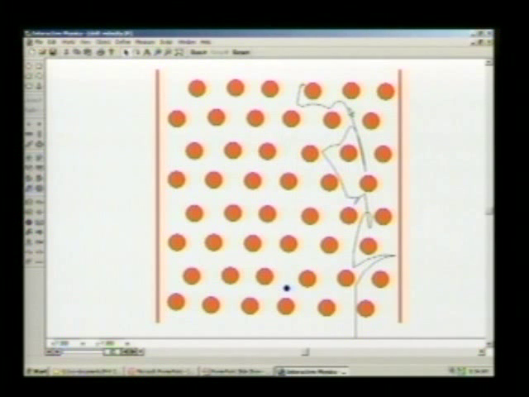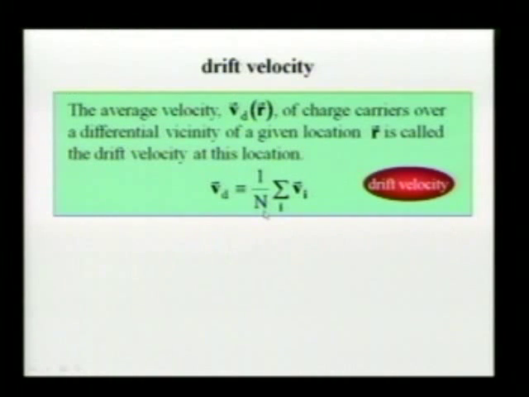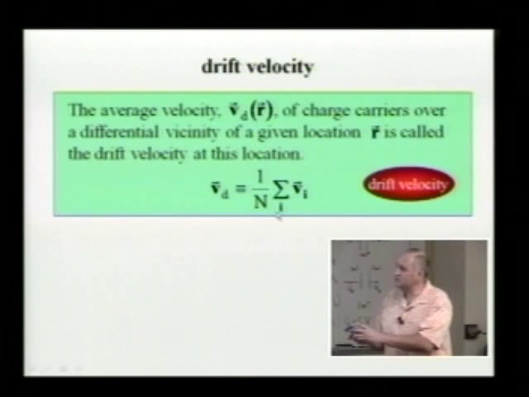And note that it even looked like this crowd is moving almost with a constant velocity. All right, so let's go back now. I hope that this simulation gives you intuition about drift velocity.